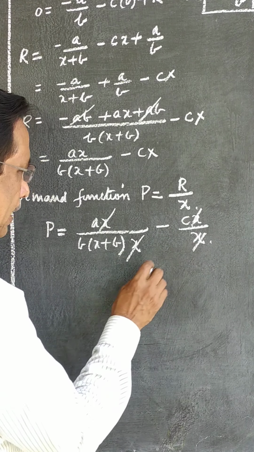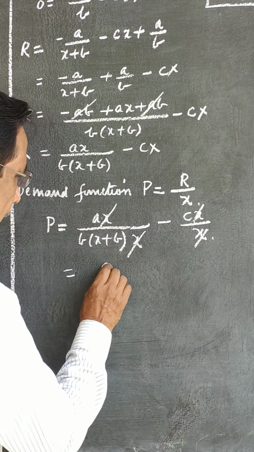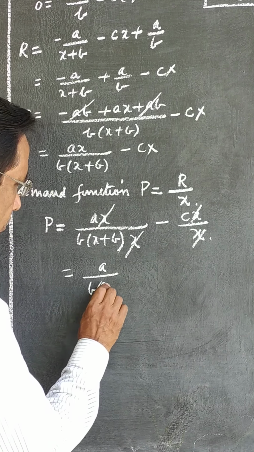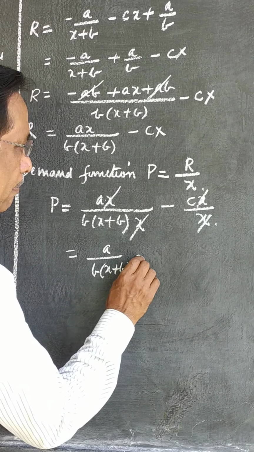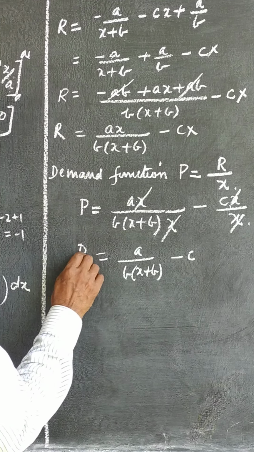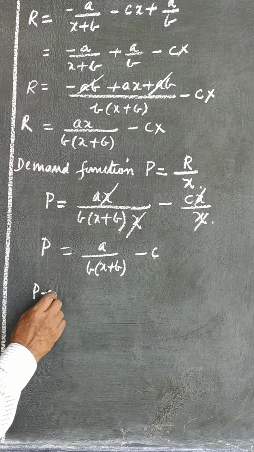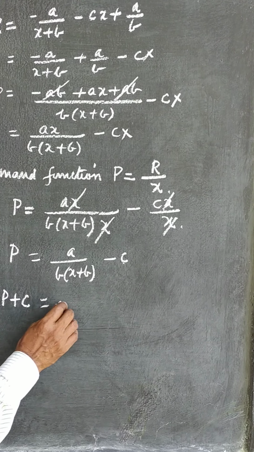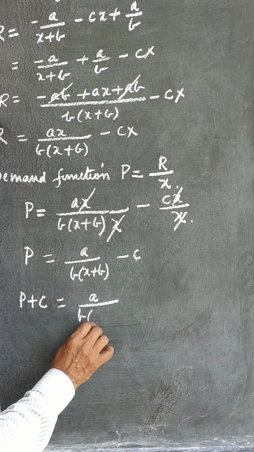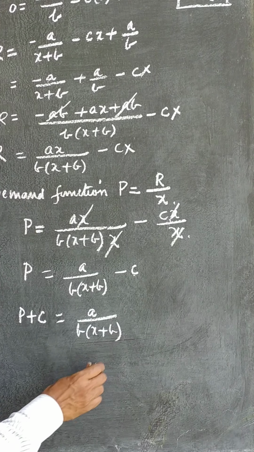So P is equal to A by B into (X plus B) minus C. Then P plus C is equal to A by B into (X plus B).